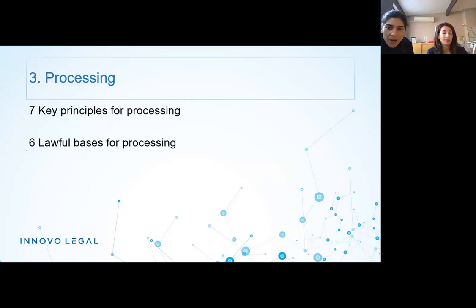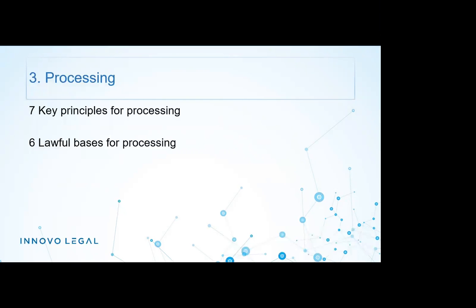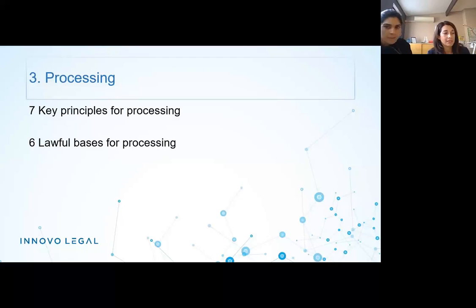Does anyone have a question? Yes, could you go through those six key laws again? Because I couldn't quite hear. I got consent and contract of sale, keep the information, I couldn't hear the fourth one, then something public task, and I didn't hear the sixth one. Yes. First one is consent. Second one is contract.